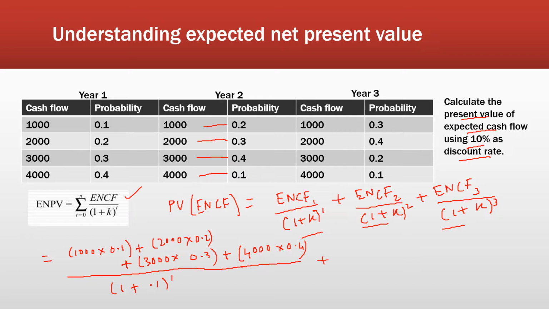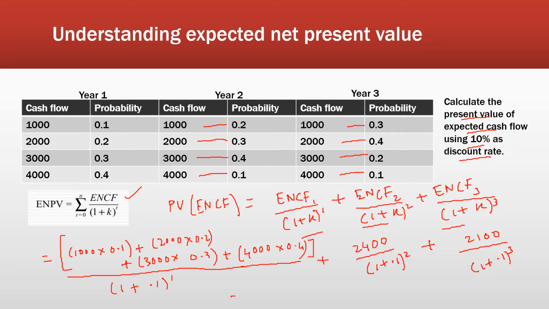So this becomes 2400 by 1 plus 0.1 squared. Again, 1000 into 0.3, 2000 into 0.4, plus 2000 into 0.2, plus 4000 into 0.1. So this becomes 2100 by 1 plus 0.1 to the power 3. And this numerator value is 3000.